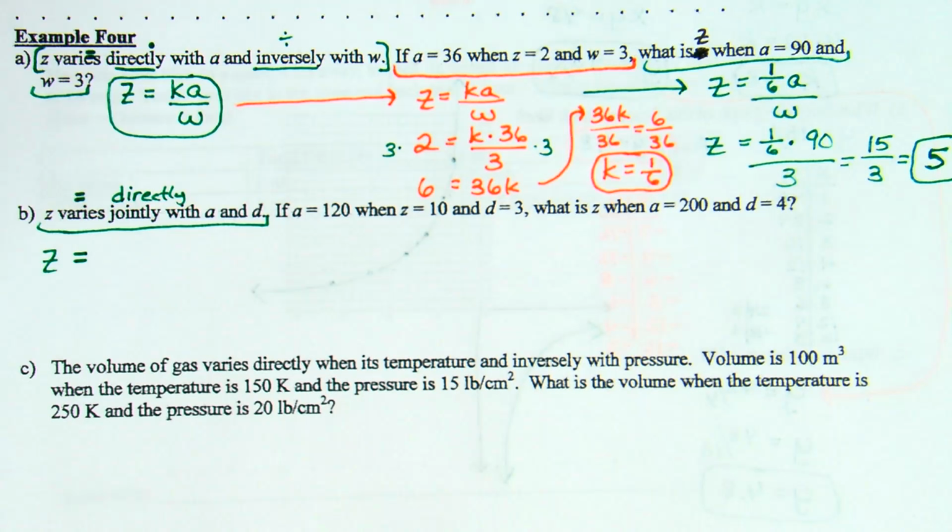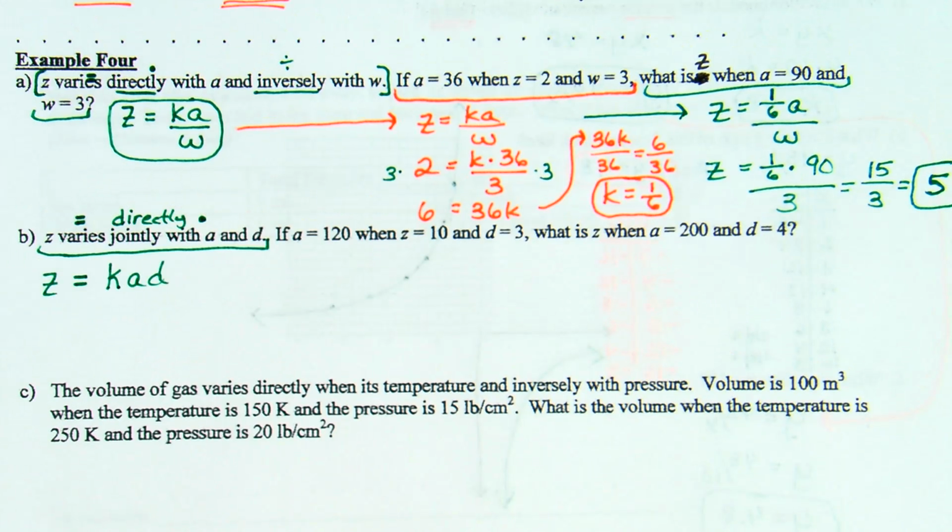If A equals 120, when Z equals 10 and D equals 3, what am I using with this information? Yeah, let's plug it in and let's find K. If Z equals KAD, then 10 equals K times 120 times 3.